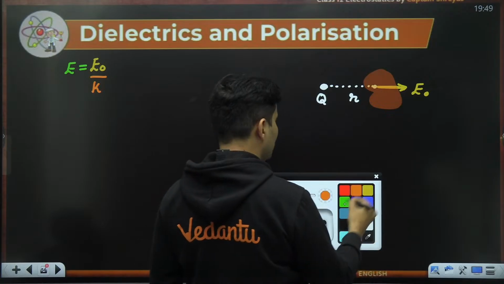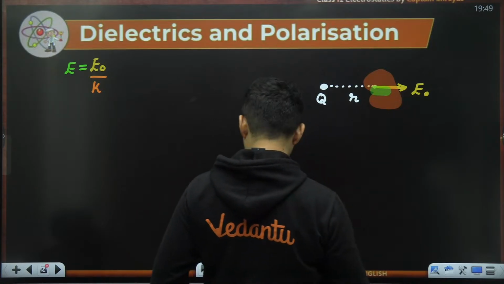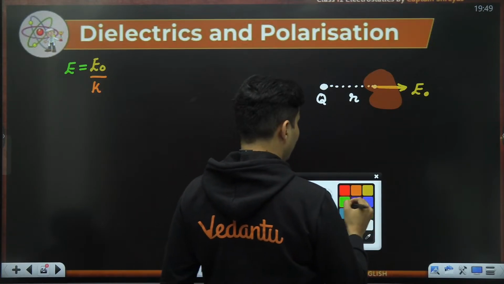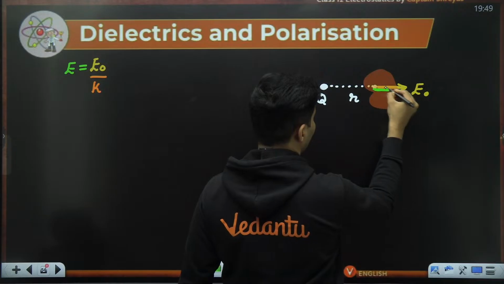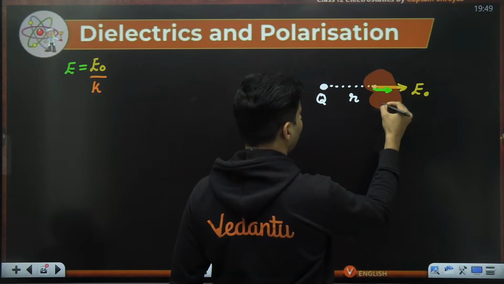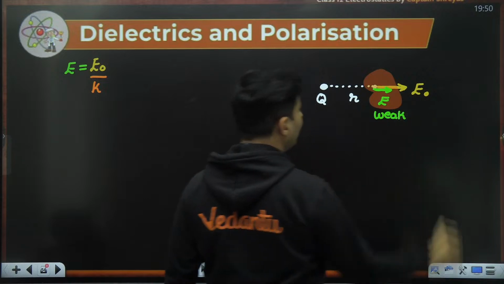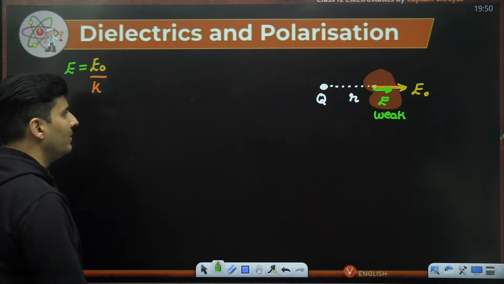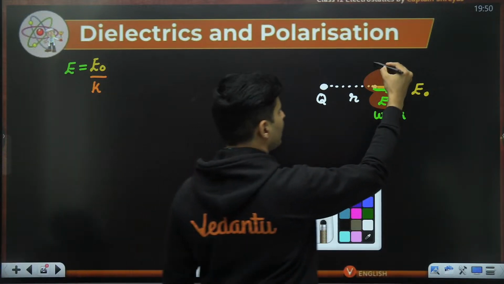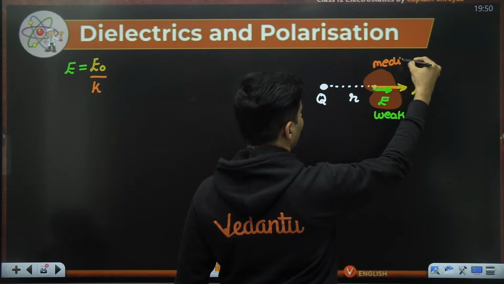Because of that, the field over there will be something else. It will be a slightly weaker field, because you have placed it inside some medium.